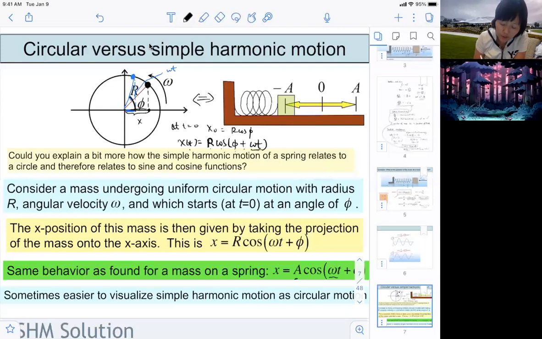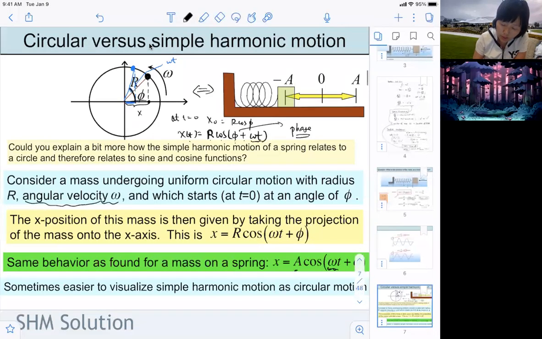Phi describes your initial position, and oftentimes we call it the phase of the oscillation. Omega here is the angular velocity for circular motion, and omega there is related to the spring constant and the mass of the object.